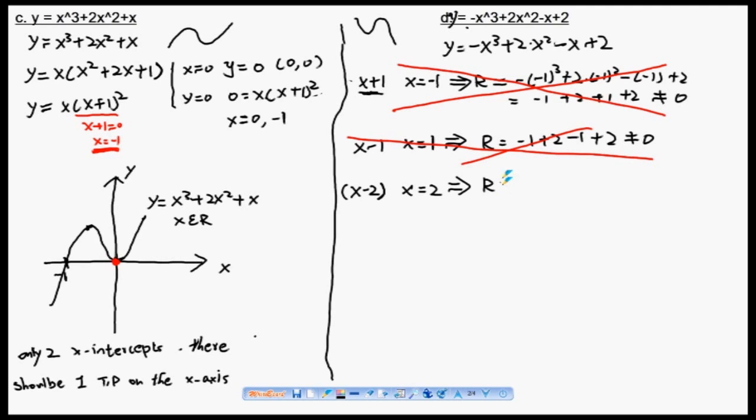So the remainder will be minus 2 cubed plus 2 times 2 squared minus 2 plus 2, which is minus 8 plus 8 minus 2 plus 2, which is 0. So this is our factor, and we do a long division on that.